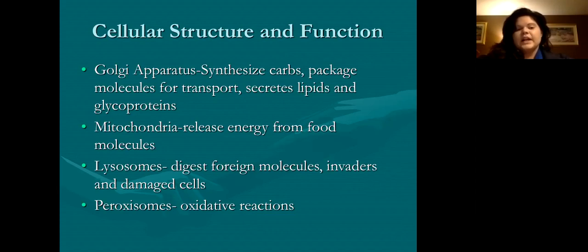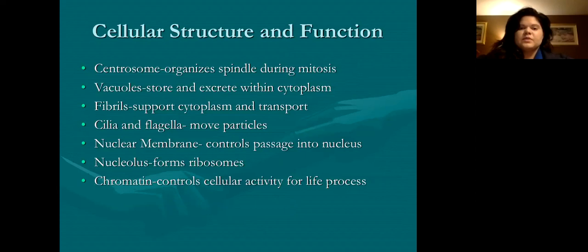And they're going to be the oxidative reactions. Centrosomes organize spindles during mitosis. Vacuoles store and excrete within the cytoplasm. Fibrils support cytoplasm and transport. Cilia and flagella move particles.